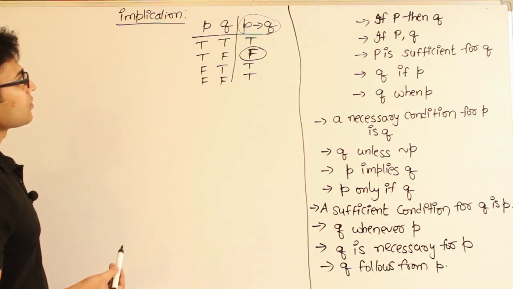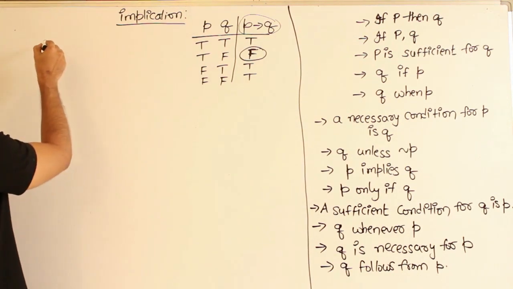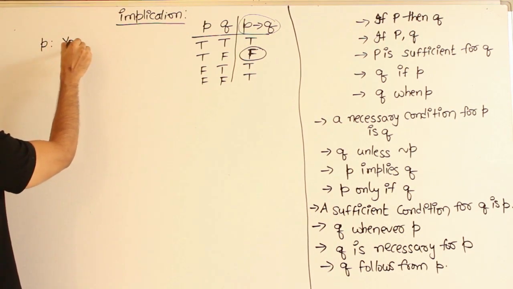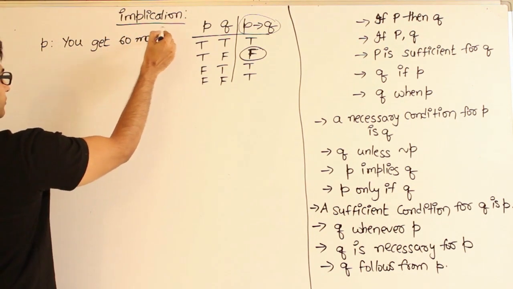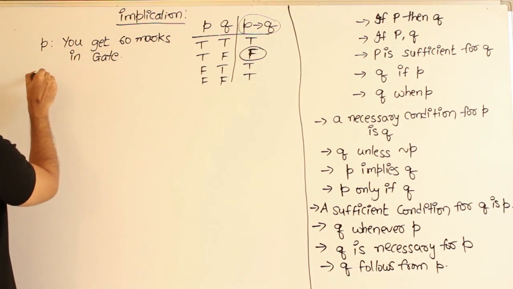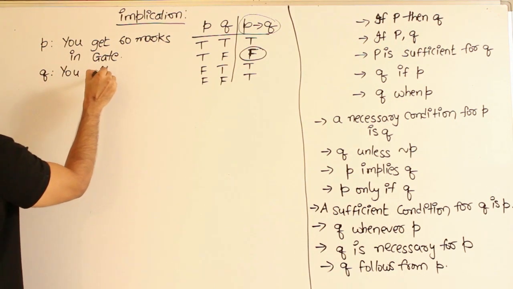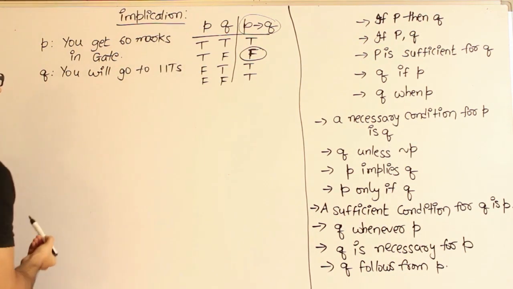Okay, so let's take an example and see how questions can be framed in this concept. Let us say P is the statement: you get 60 marks in GATE. And Q is the statement: you will go to IITs.